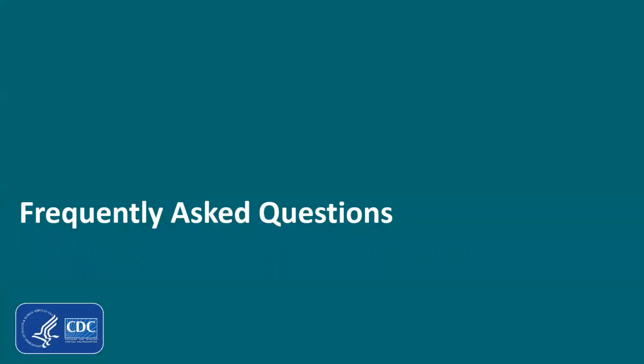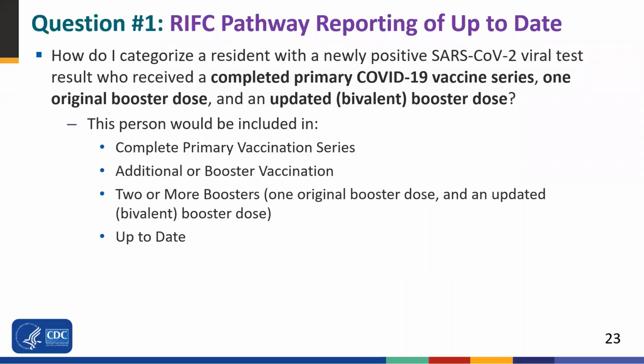Let's now review some frequently asked questions, or FAQs. Okay, so let's switch gears just again here to go over the RIFC pathway. So this is resident impact and facility capacity pathway, part of the COVID-19 surveillance pathways.